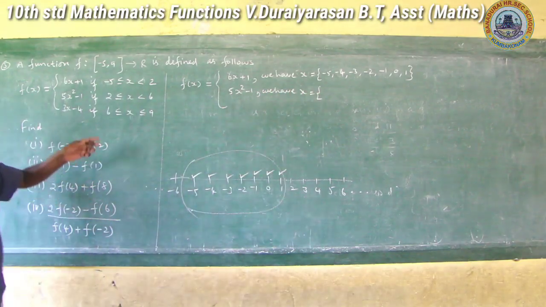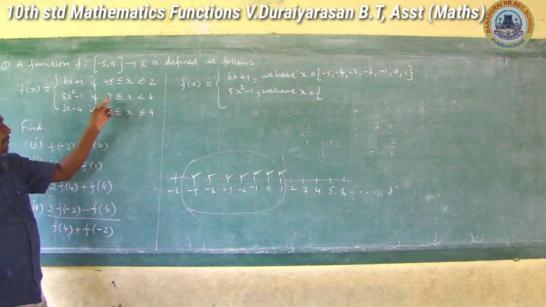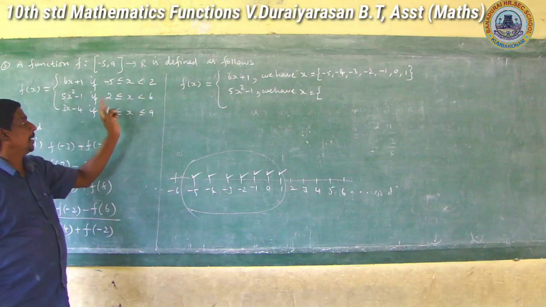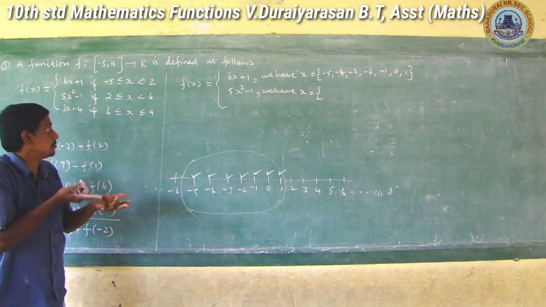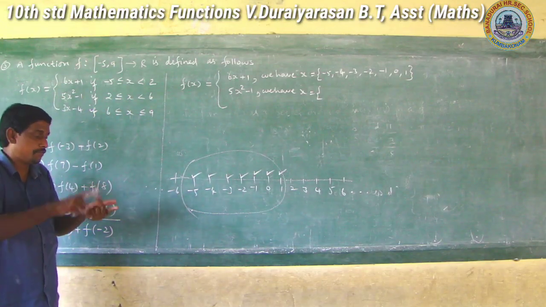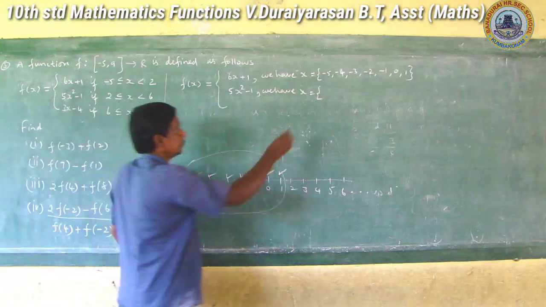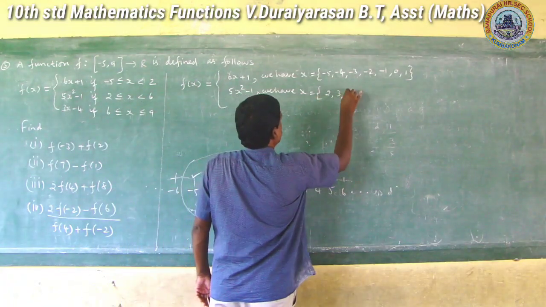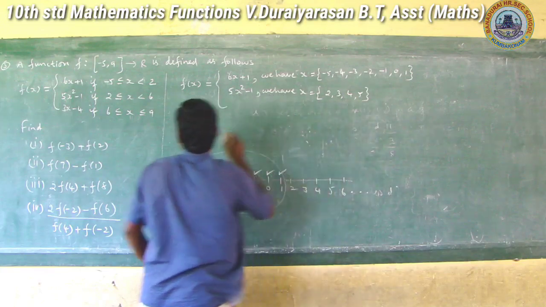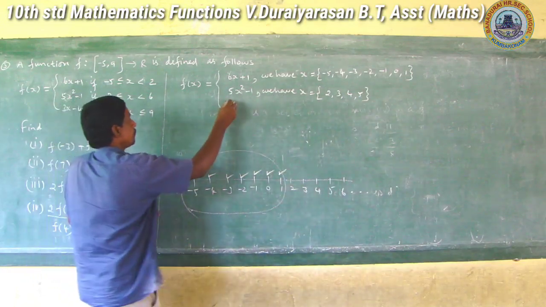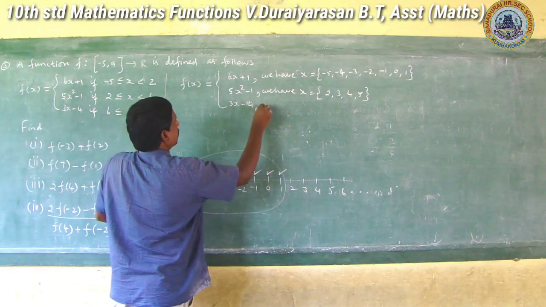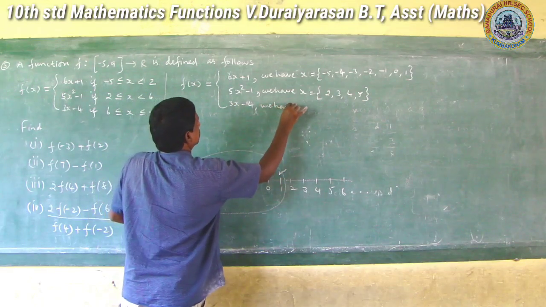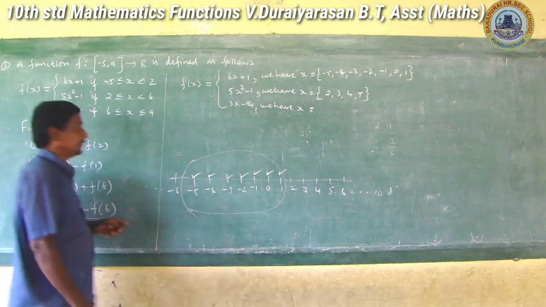What is the condition? Between 2 and 6, including 2. So what are the values? 2, 3, 4, 5.